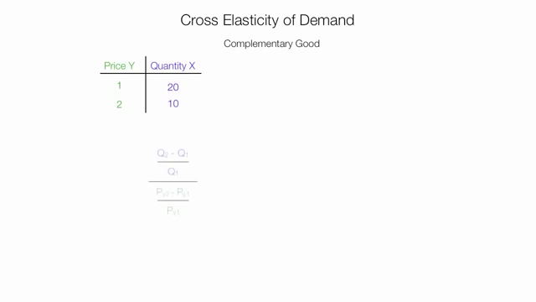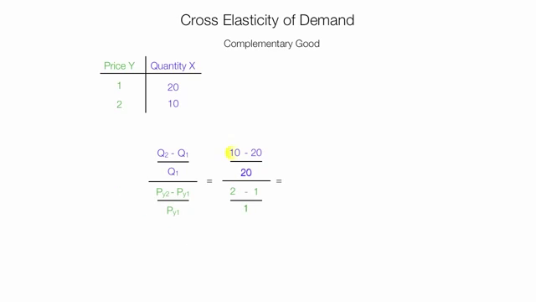So now, I'm going to put this into an equation. So I take 10 minus 20 divided by 20, which is the first quantity. Divide all this by the second price, which is 2, minus the first price, which is 1, divided by the first price.